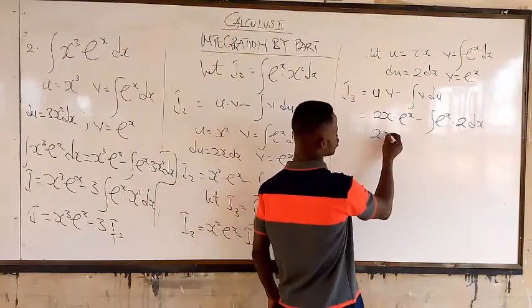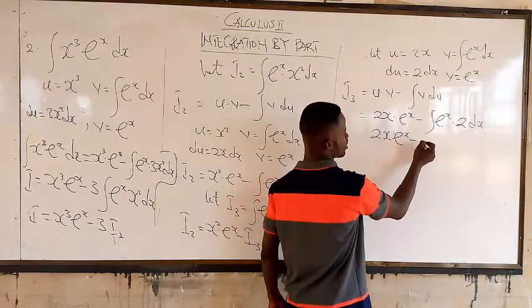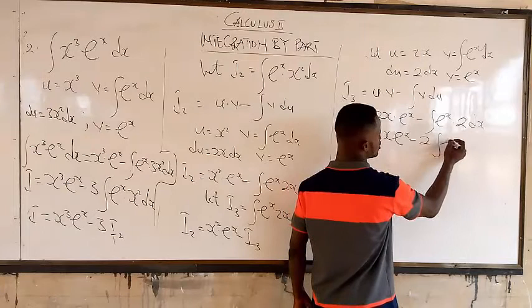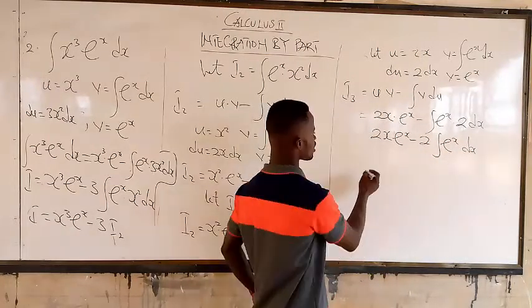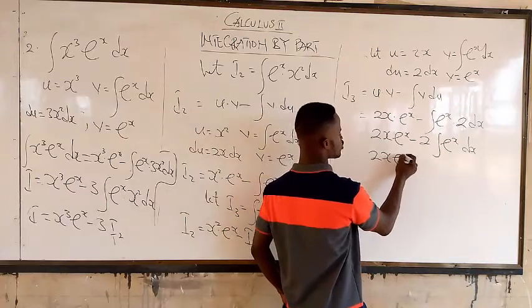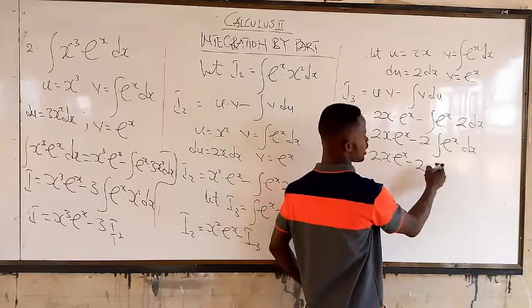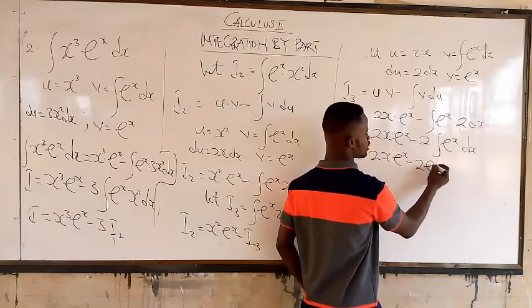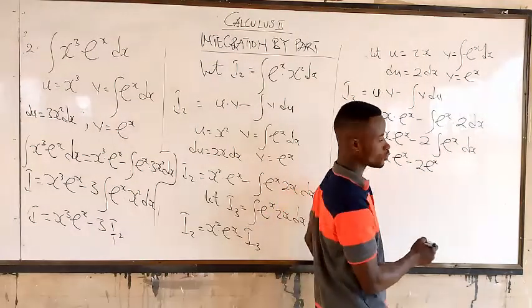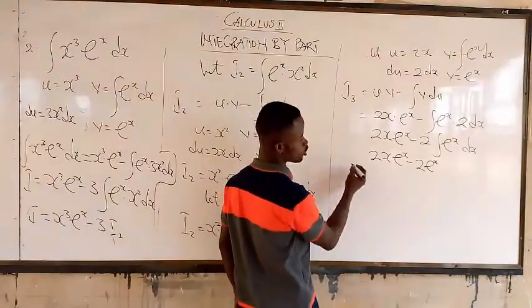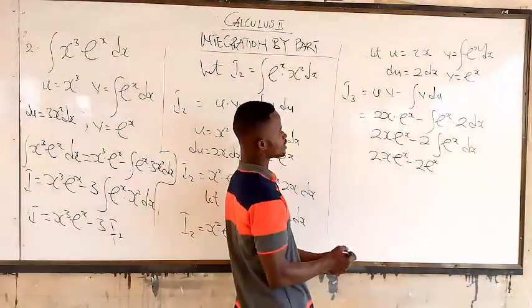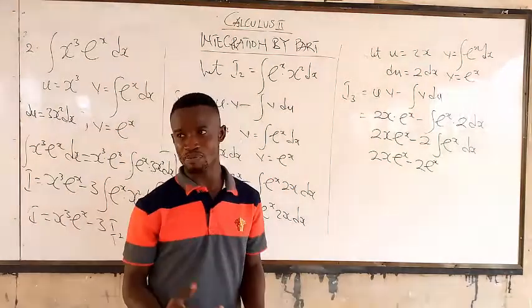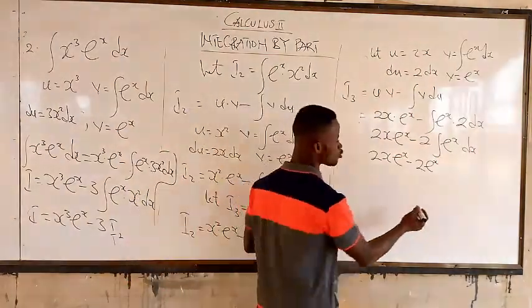So here we get 2s e raised to power s minus 2 times the integral of e raised to power s ds. I hope you can see that. And when you integrate this, you get e raised to power s. Very good. So at the last you add plus C, but I won't need you to add plus C for now, though you can still add it.